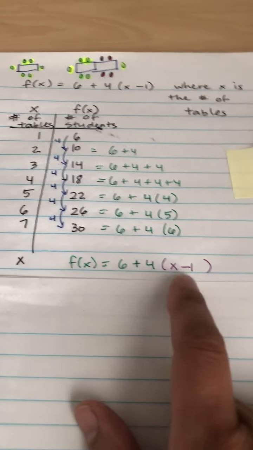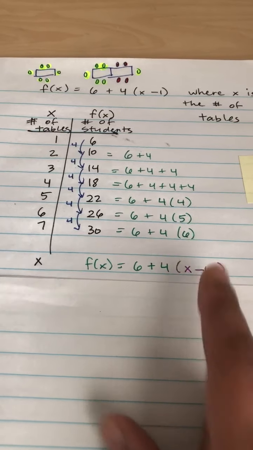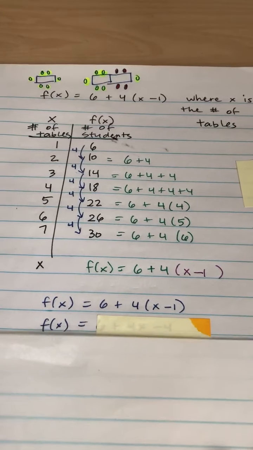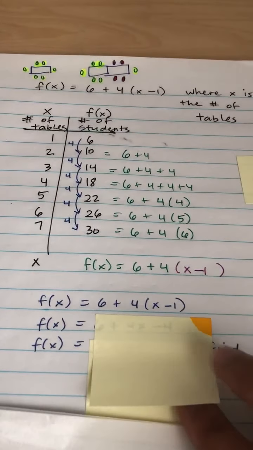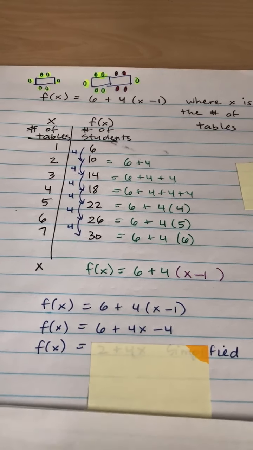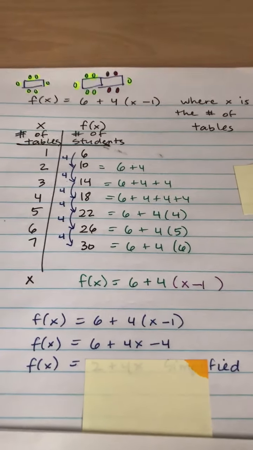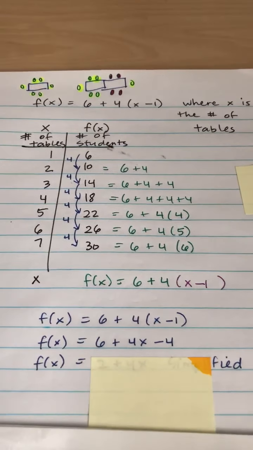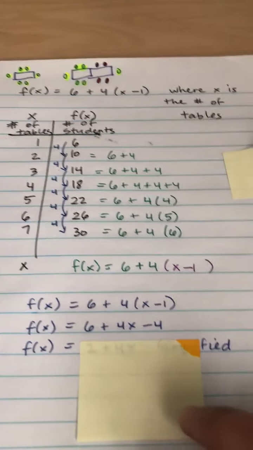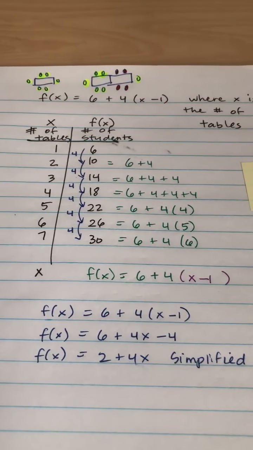Parentheses first, but you can't do anything in there. So you're going to multiply the 4 and distribute, and you end up with 6 plus 4x minus 4 because you distribute the 4. And then when you simplify this, you can combine like terms, and 6 minus 4 is 2, and then that 4x is left at the tail end. Okay, and then that's simplified.